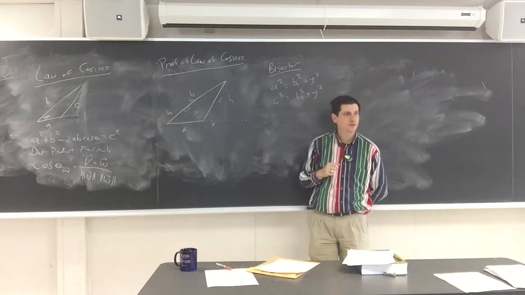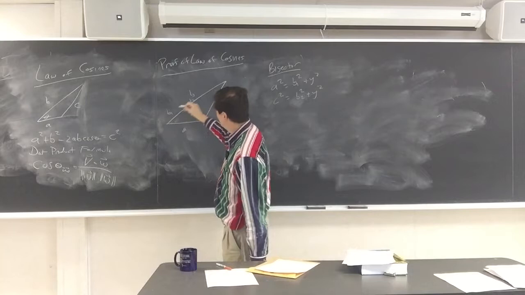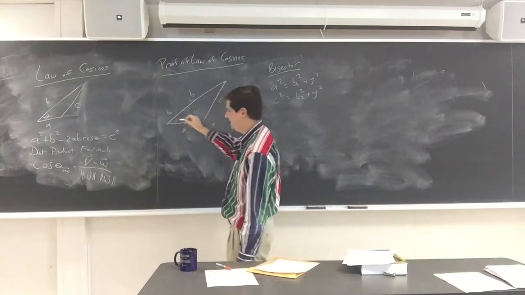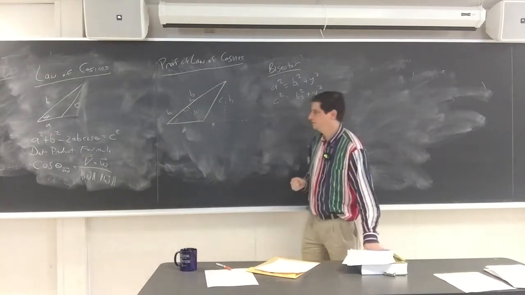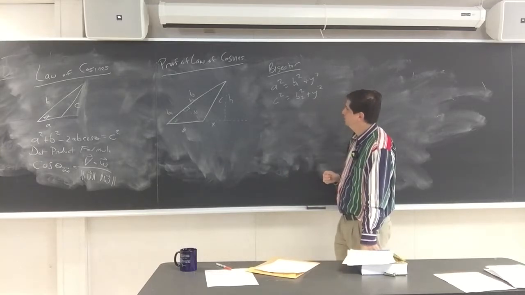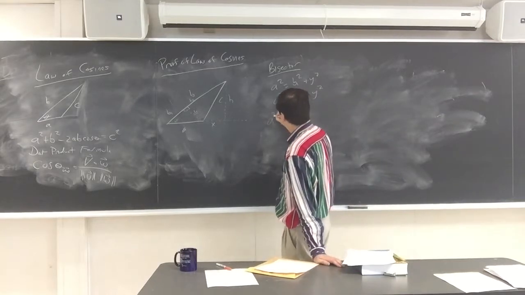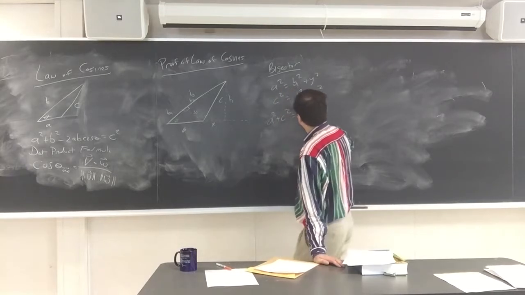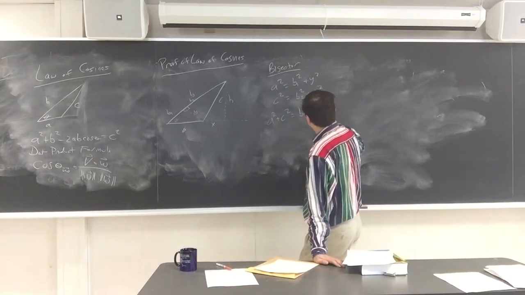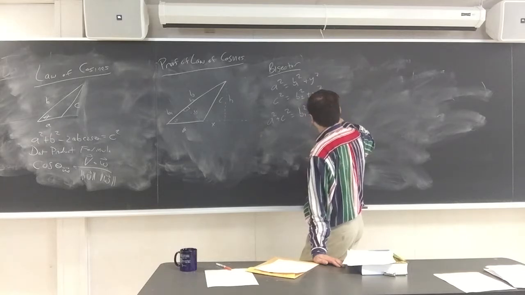Now we somehow need to get something involving B times A times the cosine of the angle. If we add them together, we get A squared plus C squared is B1 squared plus B2 squared plus 2Y squared.